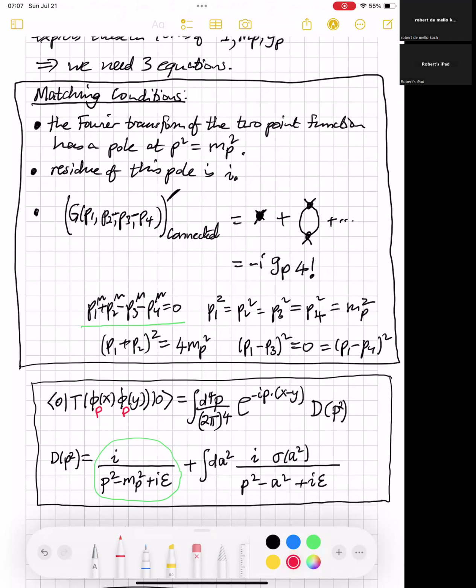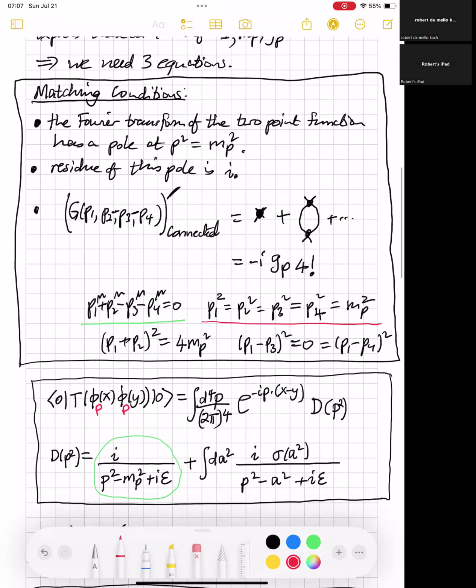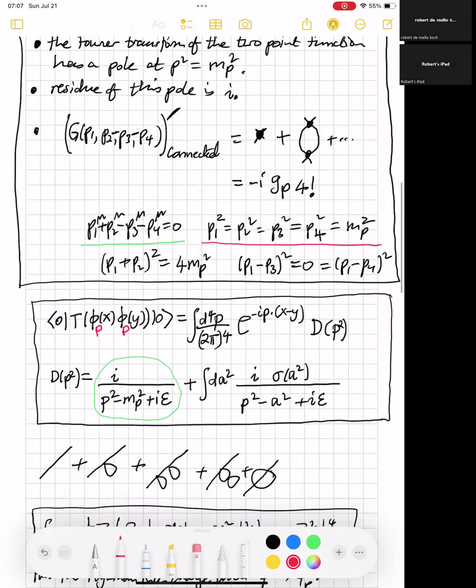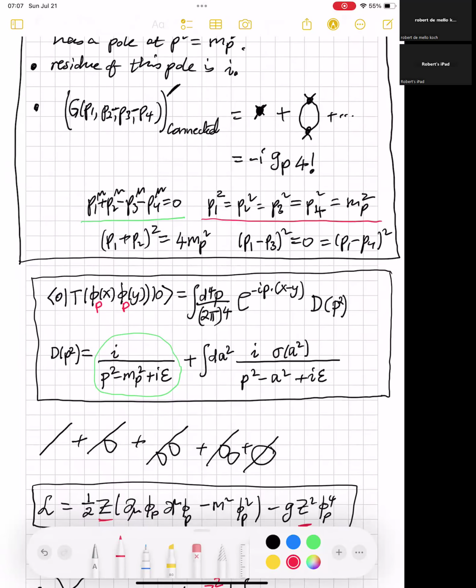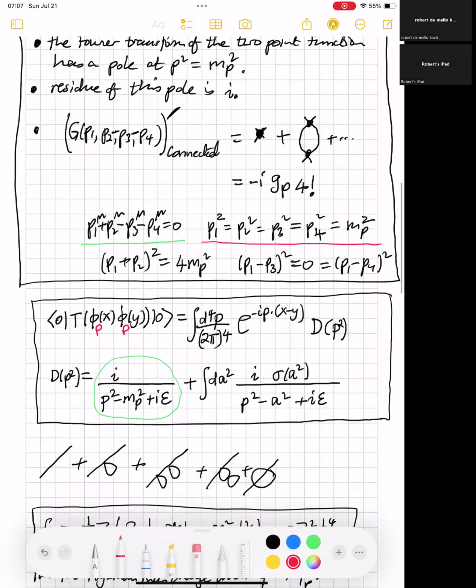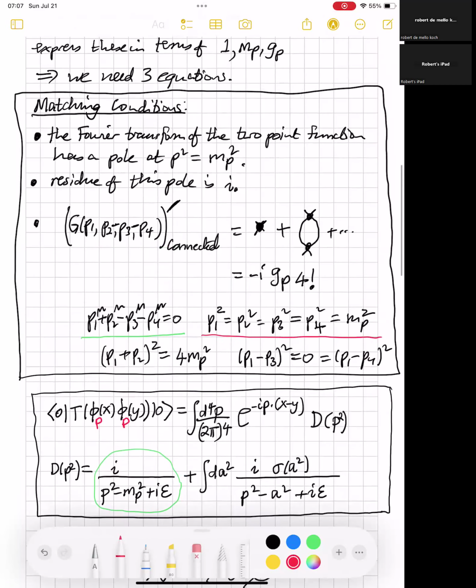You must obey this condition that P squared is equal to M squared. That's the usual condition from relativity, which I've underlined in red. And then that final condition on the momenta, which just tells us that the particles are at rest. And using those 3 equations, you can completely eliminate G, M, and Z in favor of the physical mass and the physical coupling. Great.